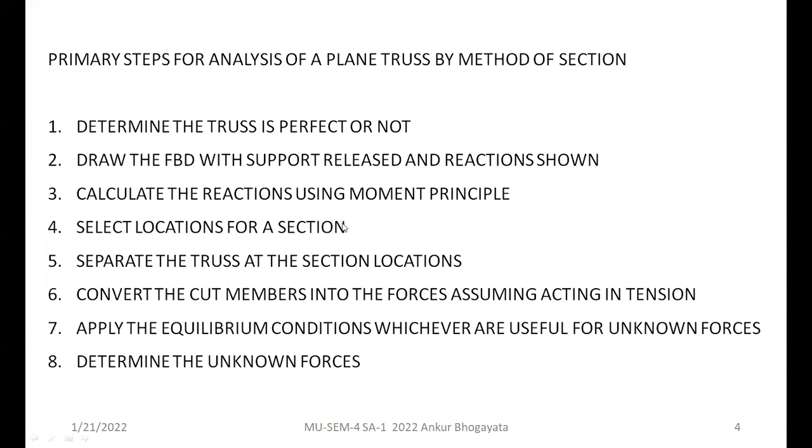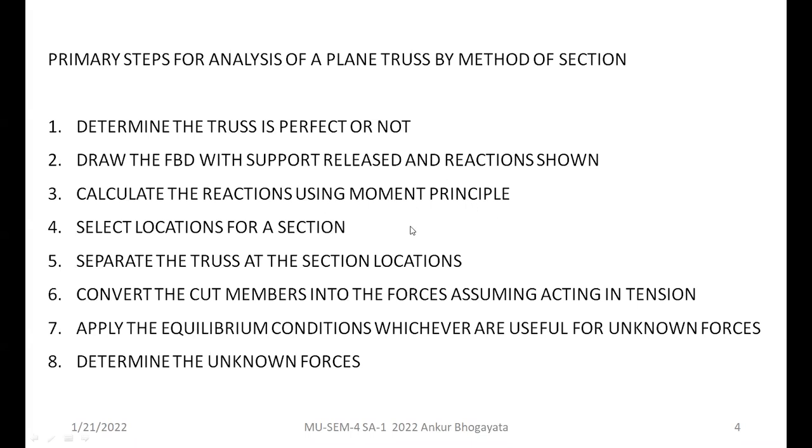Now in this method of section, you have to take a section. That means it's an imaginary line through which you need to cut or separate the entire truss into 2 components. Just similar to what we used to do in the calculation of bending moment at internal locations of determinate beams.